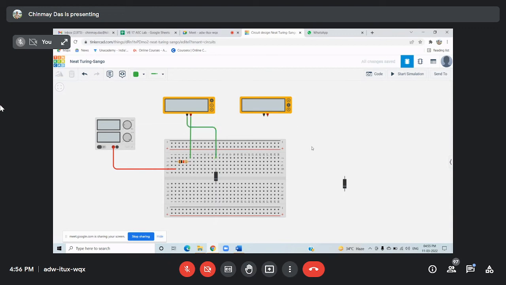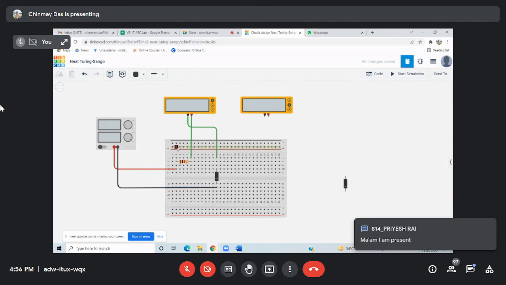Next, the cathode of the diode has to be connected with the negative of the power supply. So I am connecting a wire. Now, as per the circuit diagram, it is connected.